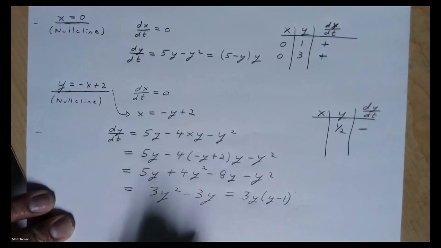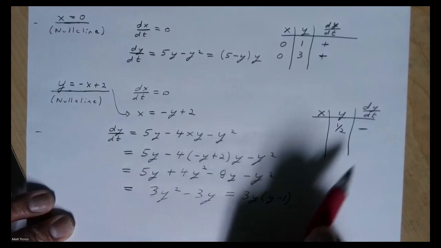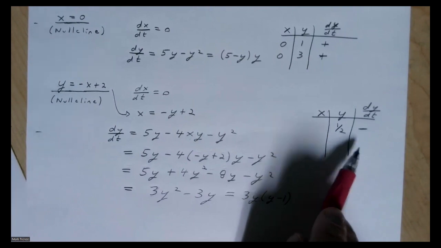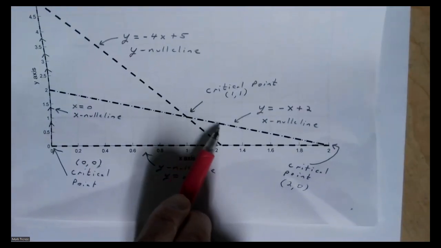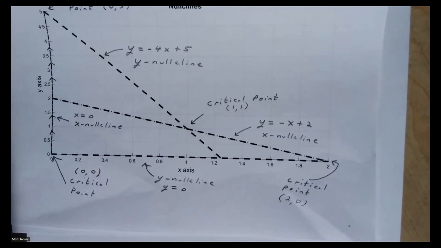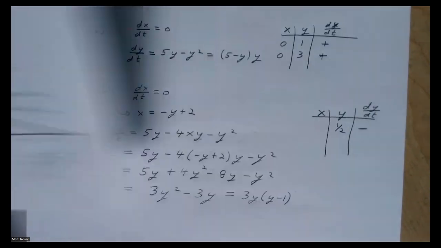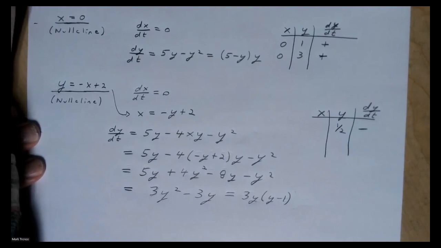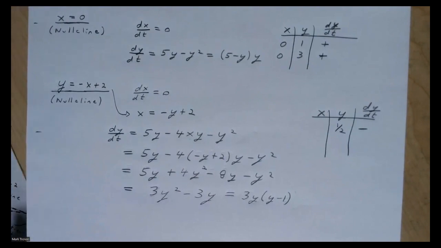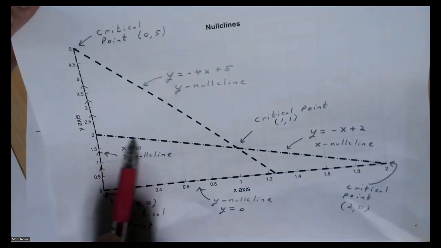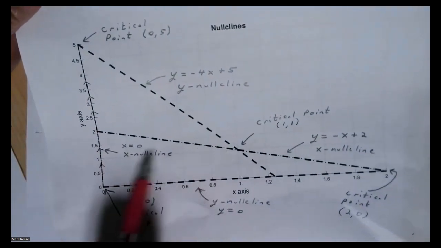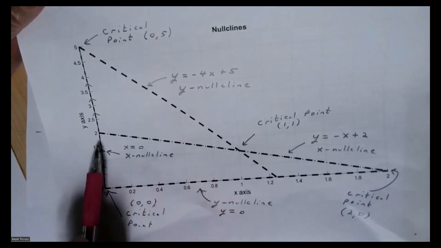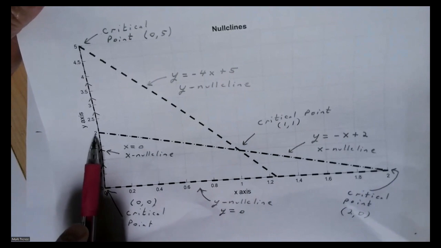So that means that along this nullcline here, it's going to be negative. And let's check another point, somewhere past this critical point, between y equal 1 and y equal 2.